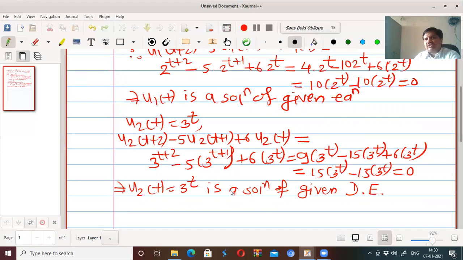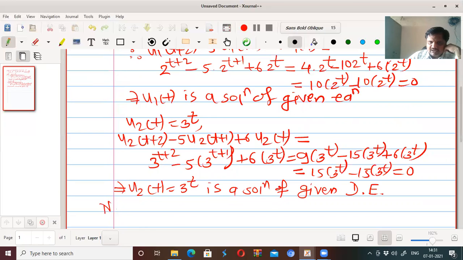Now once we prove that these two are the solutions of the difference equation, then we can prove these solutions are linearly independent if and only if their Casoratian is not equal to 0.